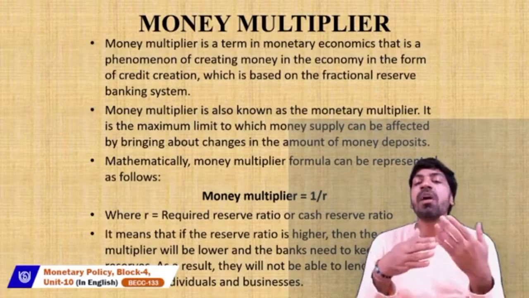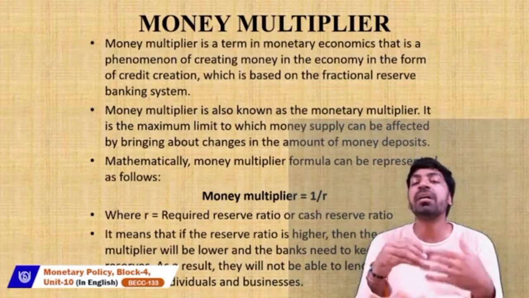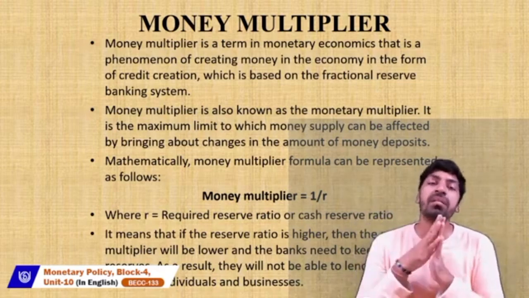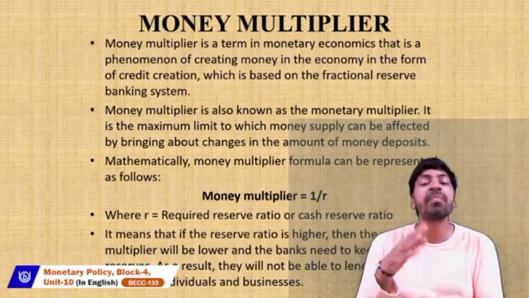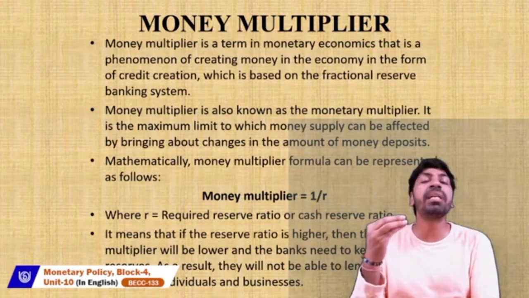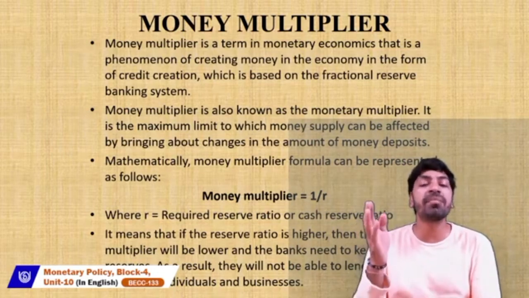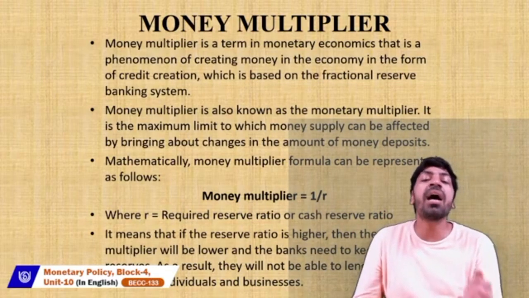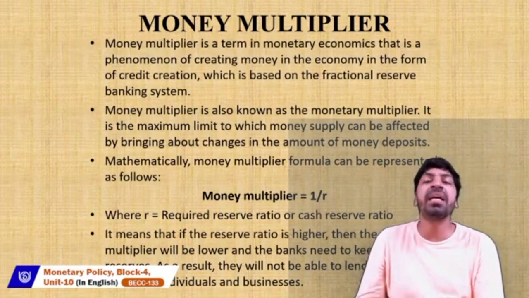So this is the formula of the money multiplier where R is given and accordingly you can calculate the money multiplier. It means if the R is higher, then the money multiplier will be lower. That means there is an inverse relationship between the RR and the money multiplier.